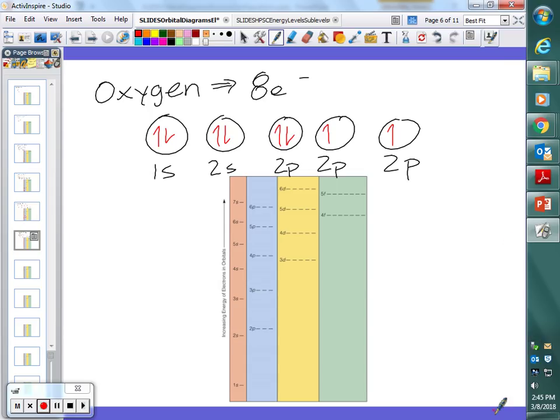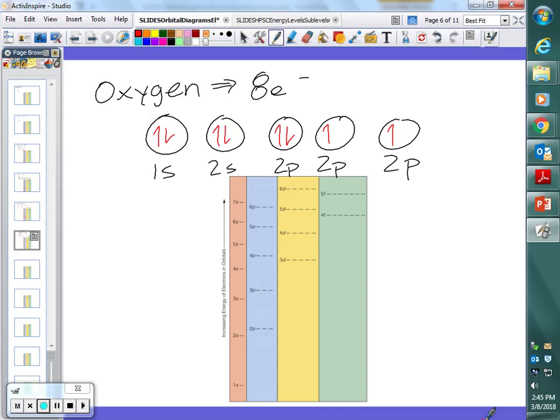There are 3 right answers, but there is 1 wrong answer. What would be the wrong answer for this orbital diagram?